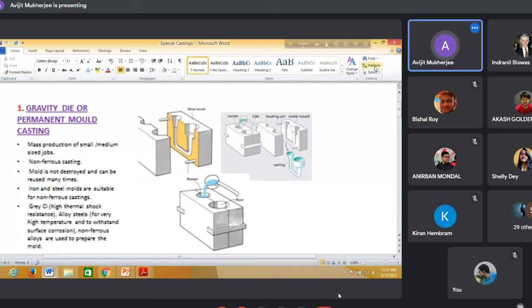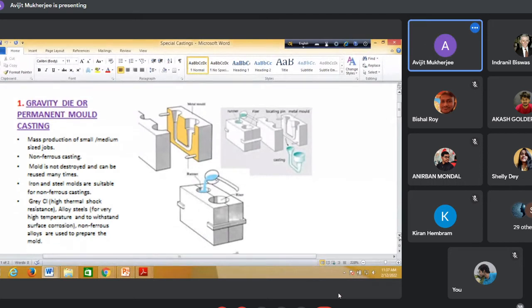It will be difficult. So for mass production in industries, automated foundries, they use some other techniques.